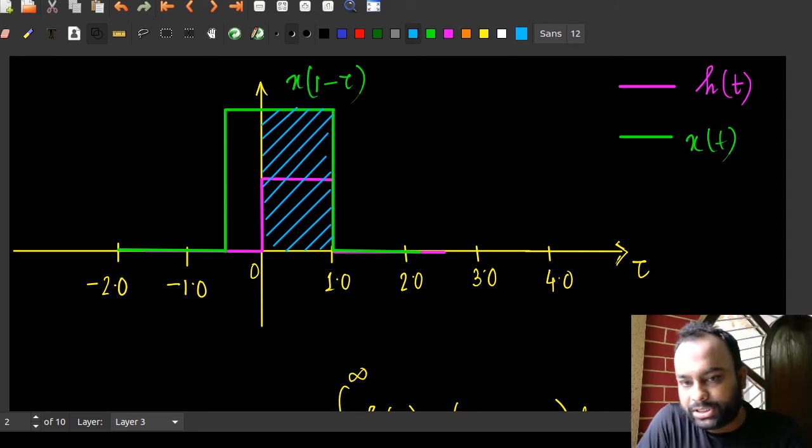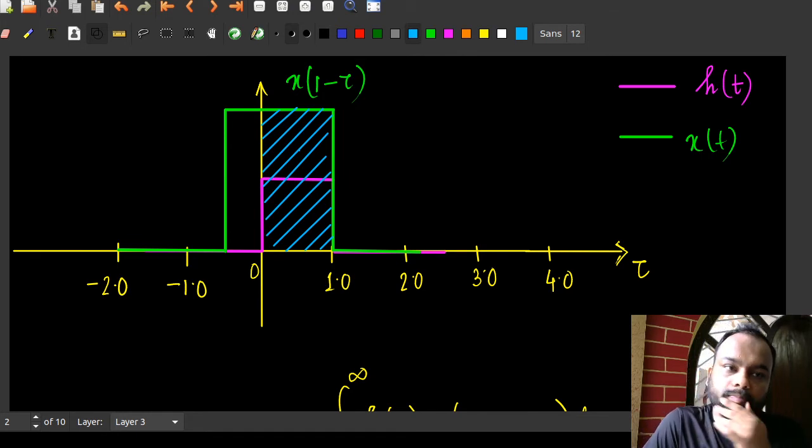Please let me know if you understood this. Yes, absolutely, the area is 2.